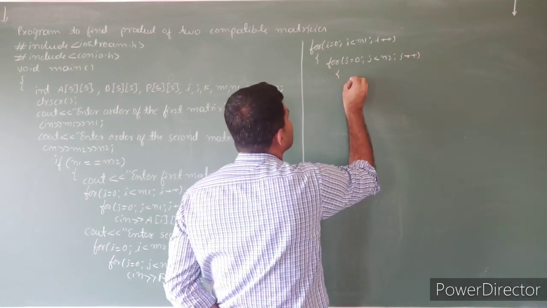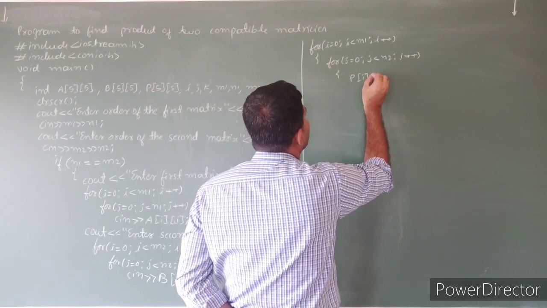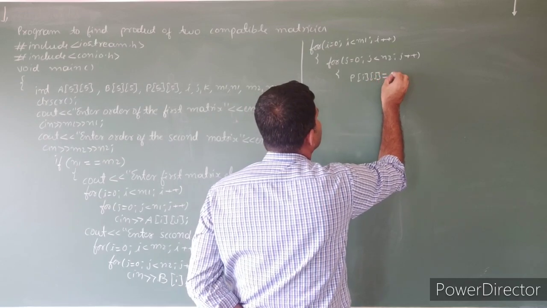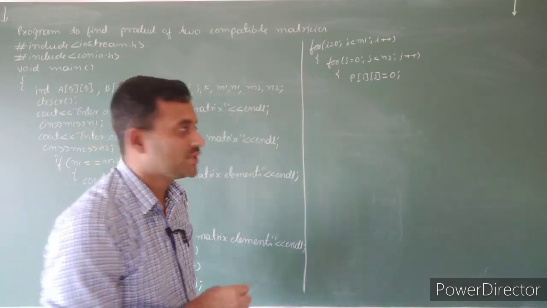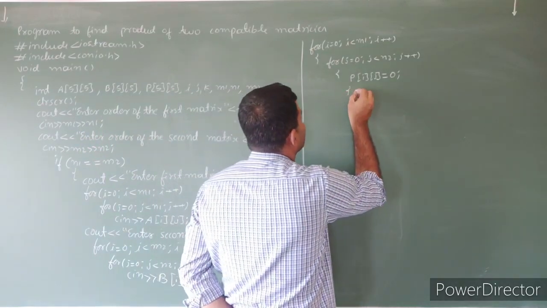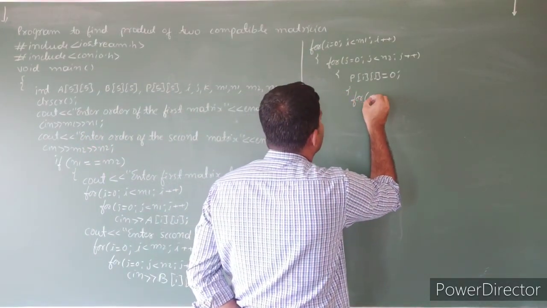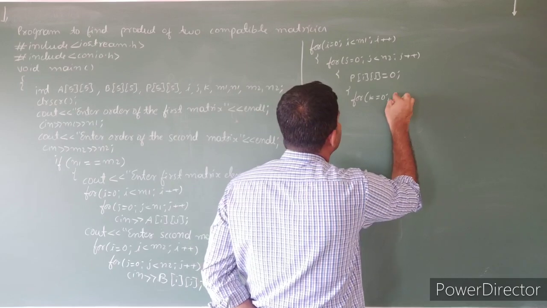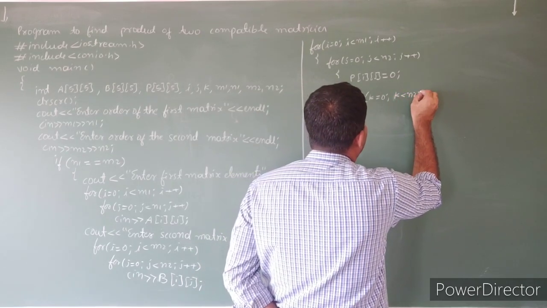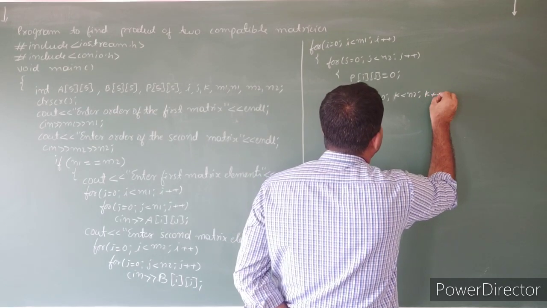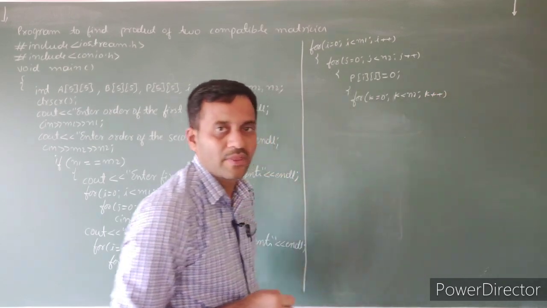Next, initialize P of ij, that is the product element, to 0. Then use one more for loop: for k equals 0, k less than inner order N2, k plus plus. Here the inner orders are the same.